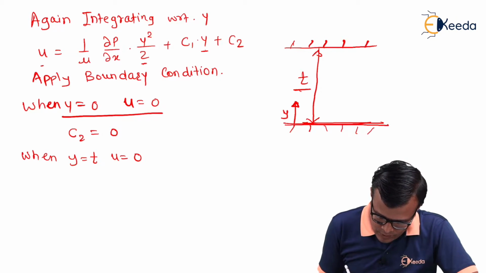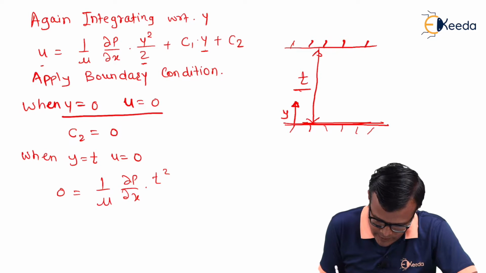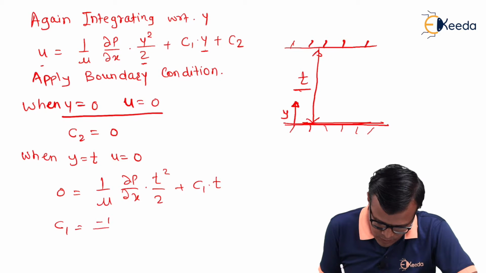So 0 equals 1 upon mu delta p upon delta x into t square upon 2 plus c1 into t. We will have the value of c1 as minus 1 upon 2 mu delta p by delta x into t.